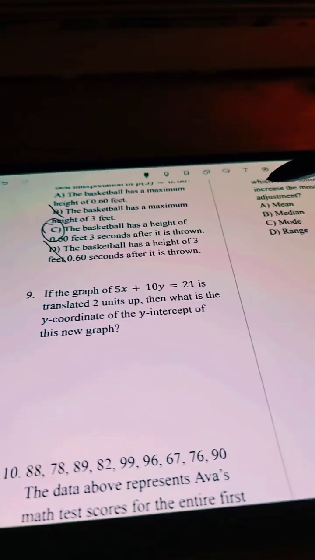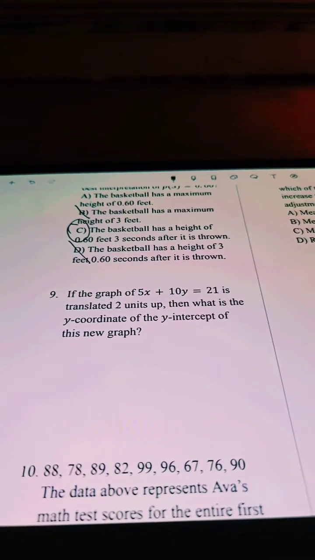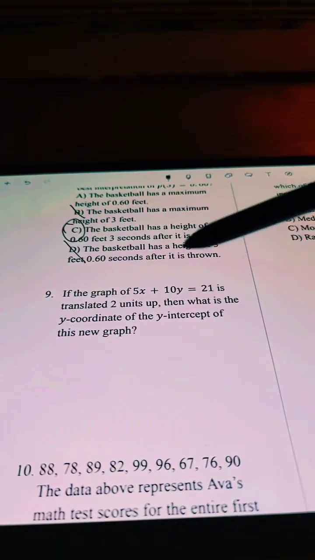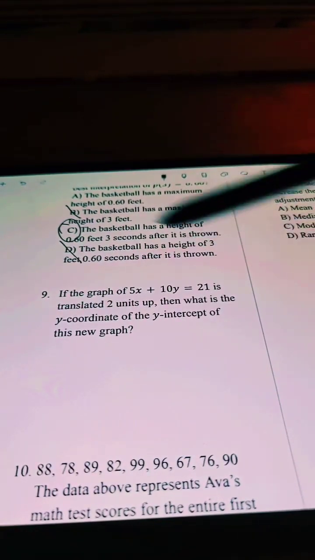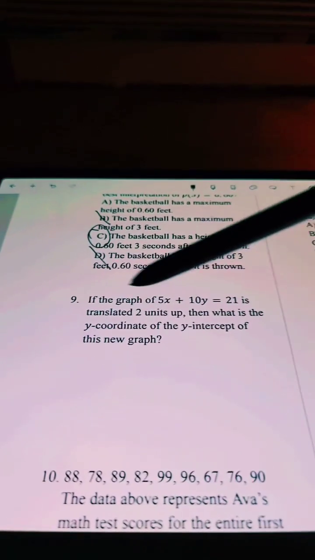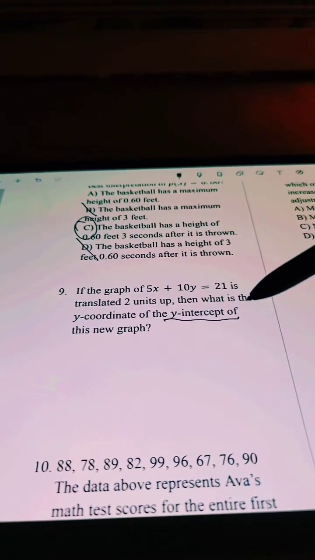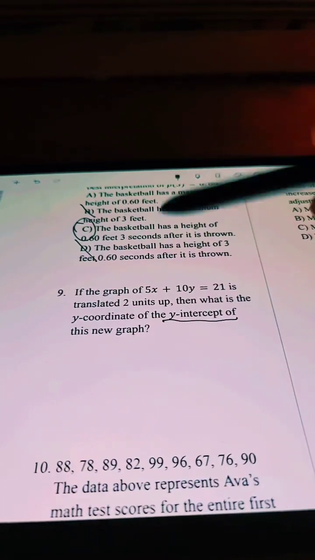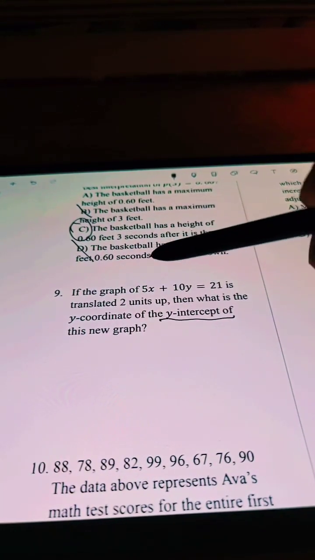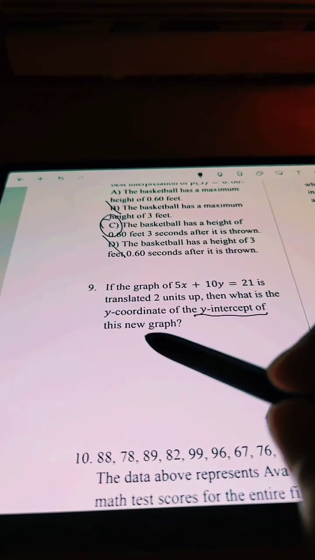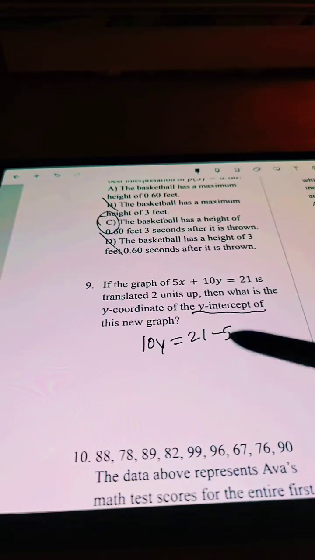So let's go to number 9 now. If the graph of 5x plus 10y equals 21 is translated 2 units up, what is the y-coordinate of the y-intercept? Basically we're finding the y-intercept of this new graph. First I'm going to isolate y. I subtract 5x from each side, so I have 10y equals 21 minus 5x.